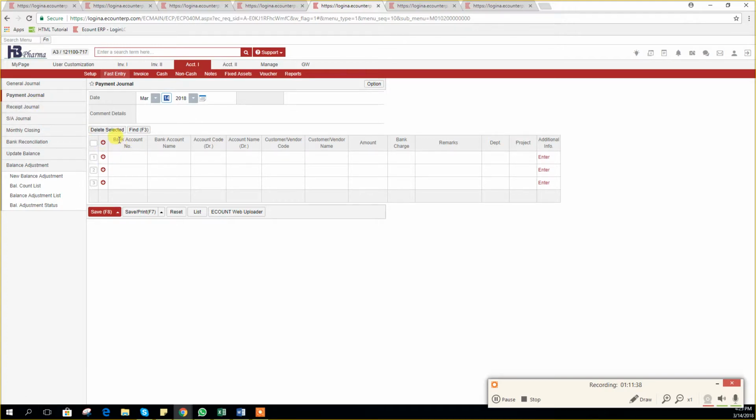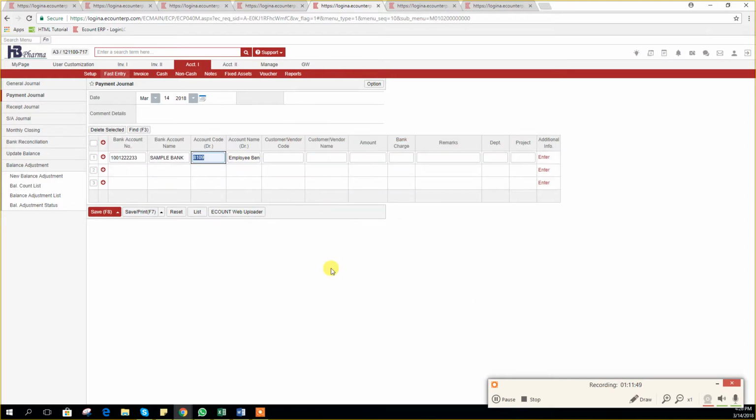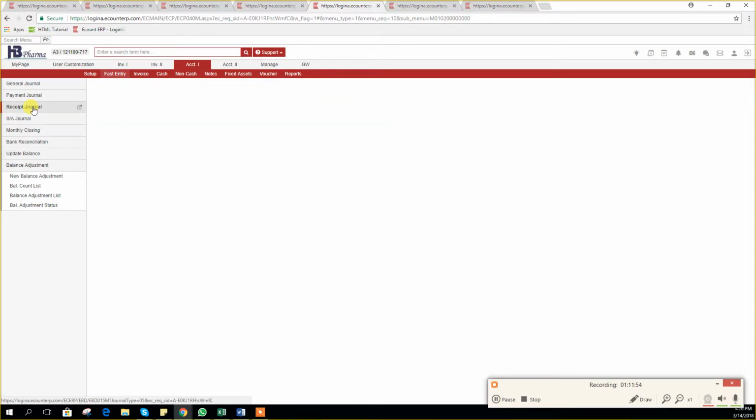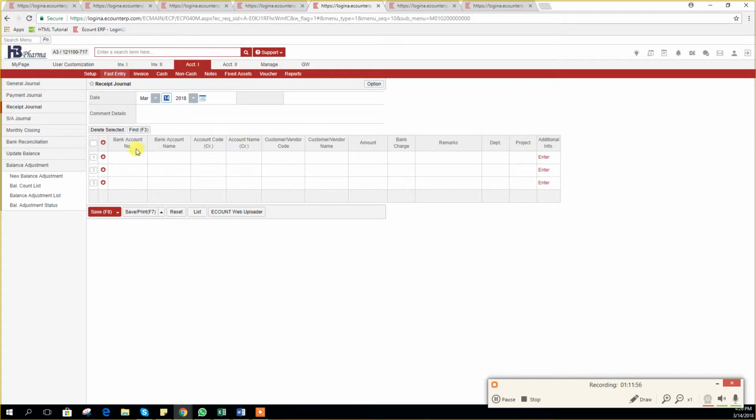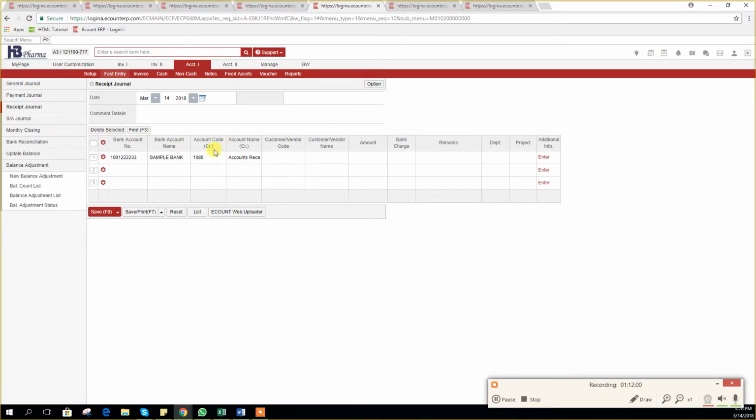If you can see here, we have a bank account, and for payment you debit which account. If you go to the receipt journal, you still have the same thing, but it is now credit, not debit, because credit is a sales one, it is receiving money.